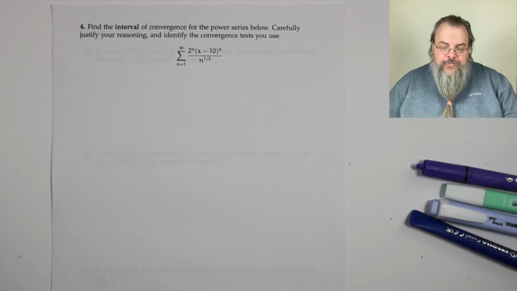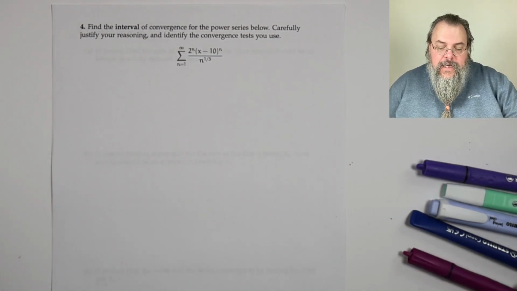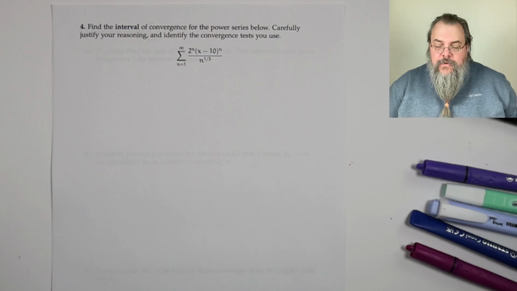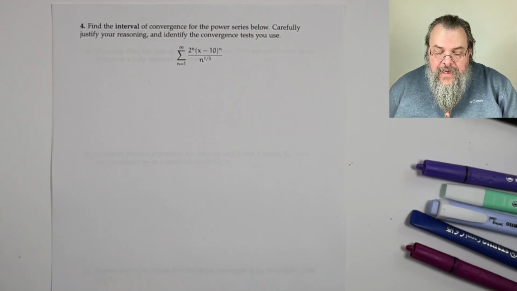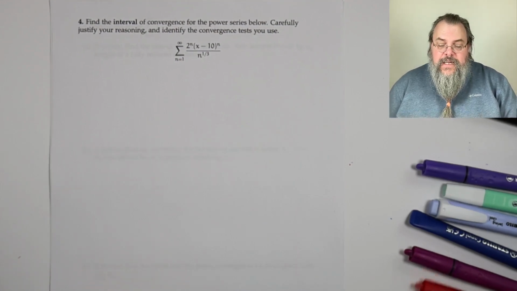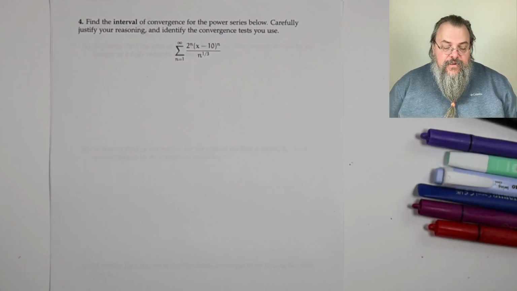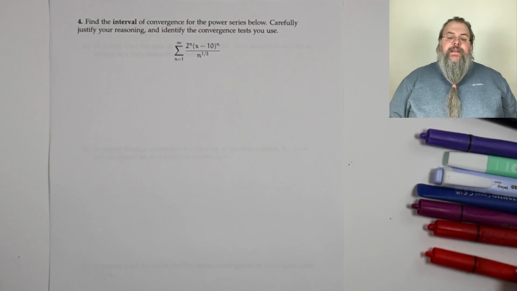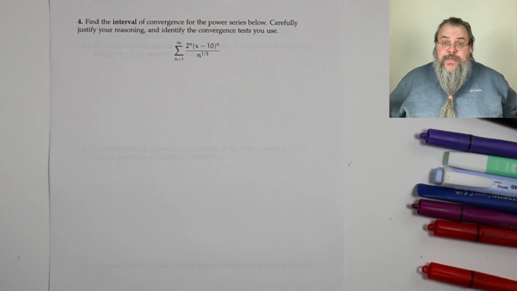We are calm. Number 4, find the interval of convergence for the power series below. Carefully justify your reasoning and indicate the convergence test you use. Okay, so when we talk about interval of convergence, we're really saying for which x is this true.